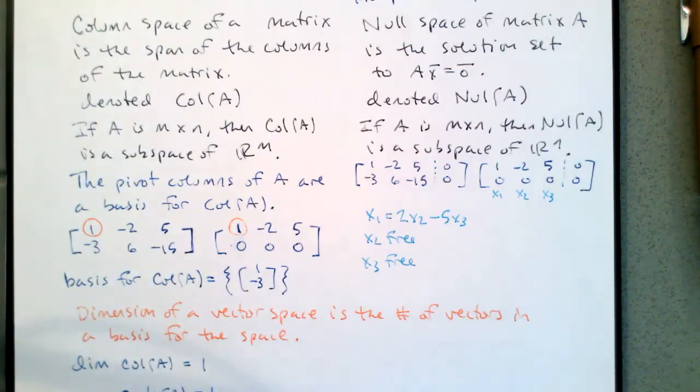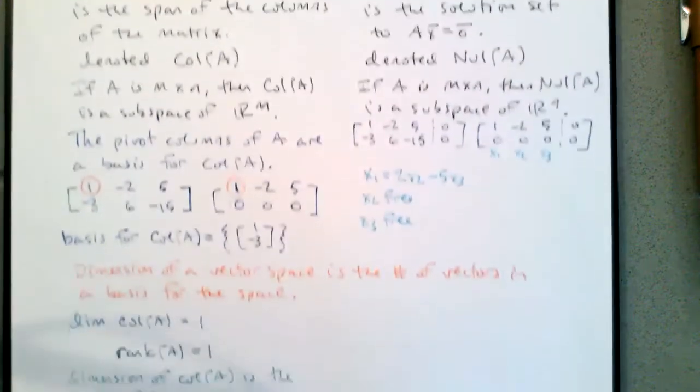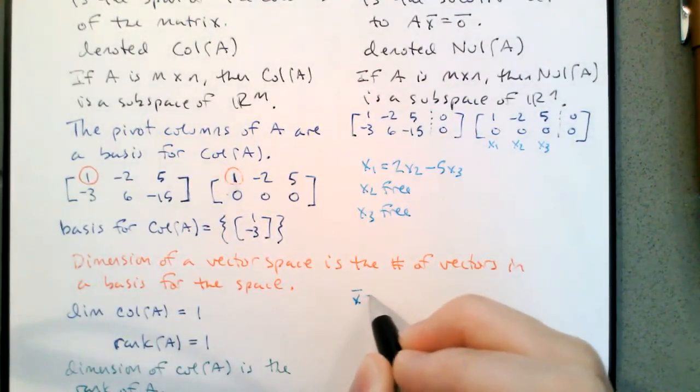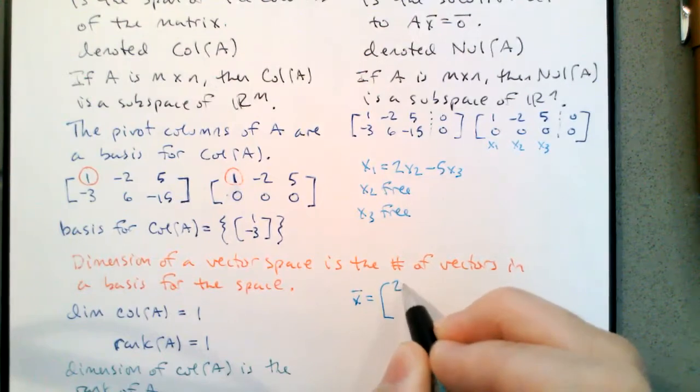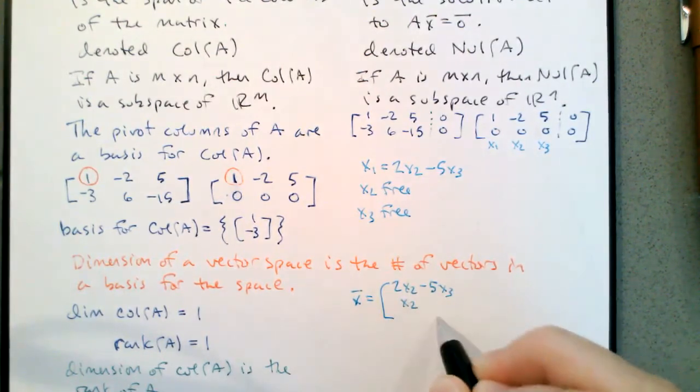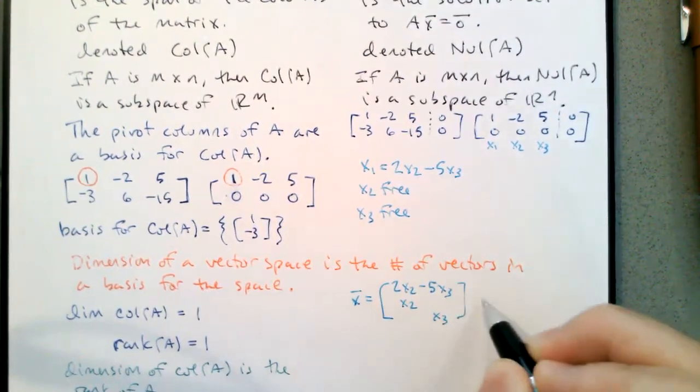So here we will first write the general solution to the homogeneous equation. Then we'll write the solution to the homogeneous equation in parametric vector form. So there are the three entries.